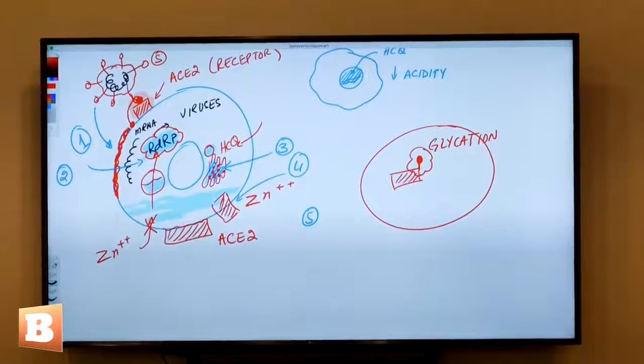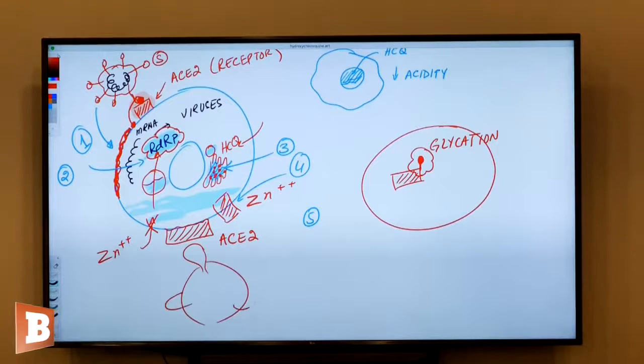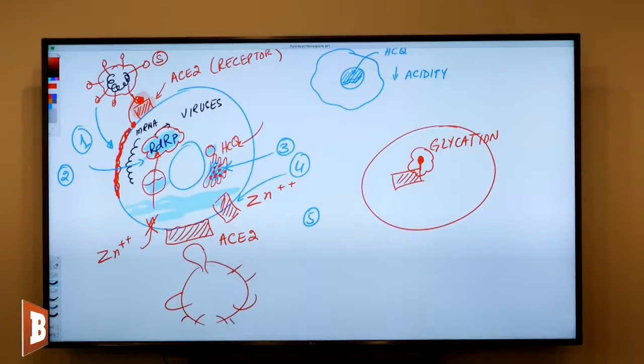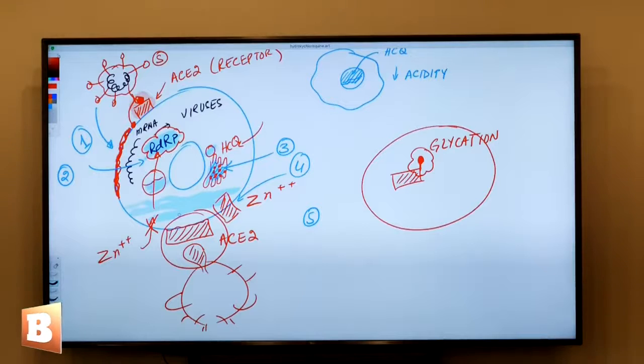The result of that is that when the coronavirus S protein tries to bind with this modified ACE2, the affinity of binding is not strong enough and it kind of slips out. So that is the fifth mechanism.